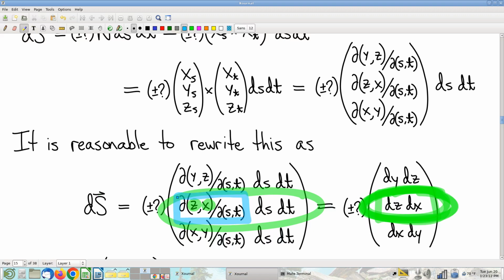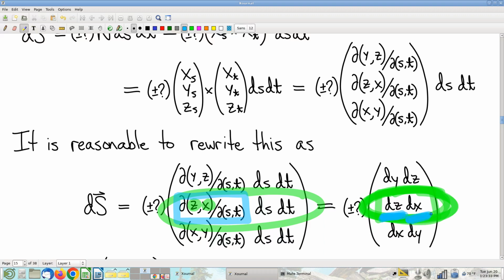And when you switch two columns in a determinant, that does introduce a minus sign. So the ordering with z first and x second is important. That does matter. And so likewise, analogously over here, it's important that the dz come before the dx.